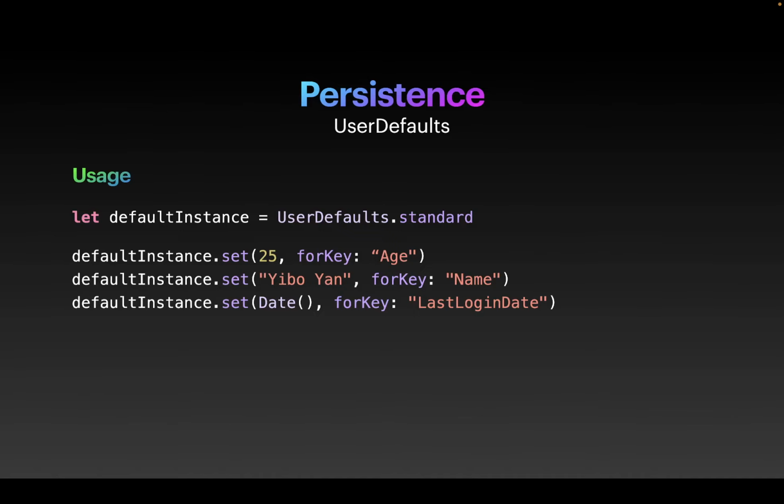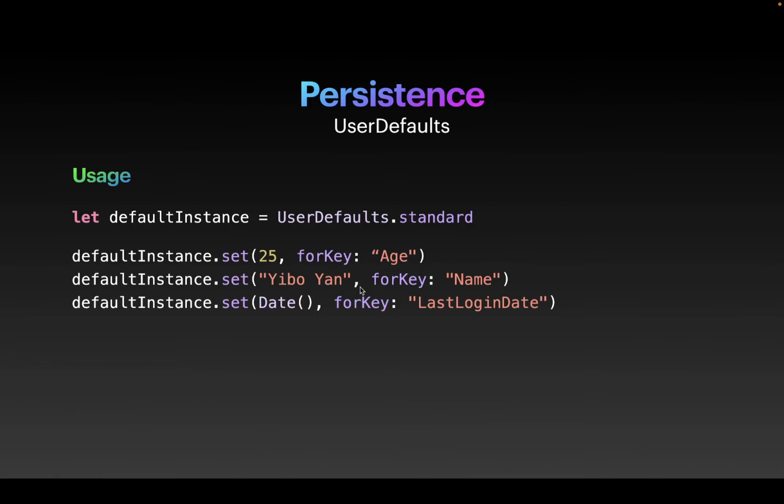The UserDefaults class defines a function called set. You can set some integer with a key. As the name suggests, it's a key, kind of like the key for a dictionary, so this key maps to this value.